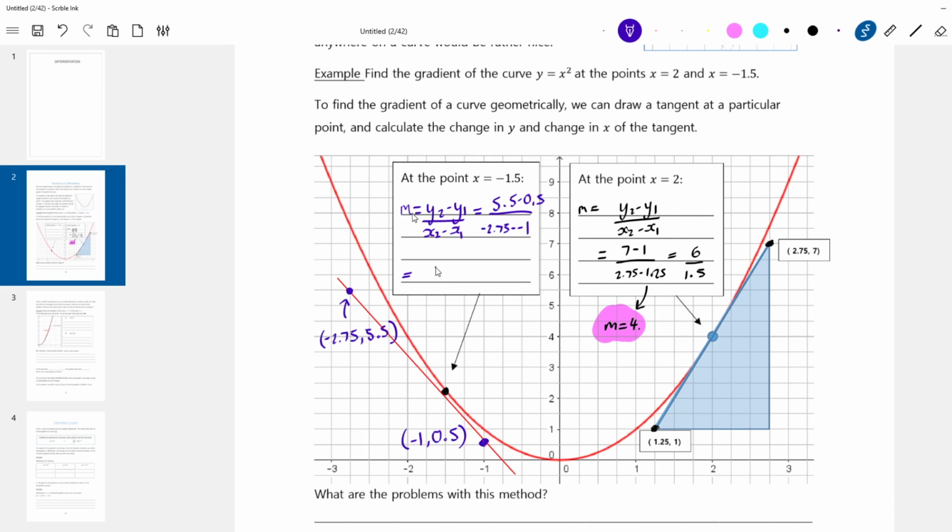If I work that out, I'm going to have 5 divided by minus 2.75 plus 1. Since I've got two minuses here, that's going to become a plus. So I'm going to have 5 divided by 1.75. I don't even know what that is.